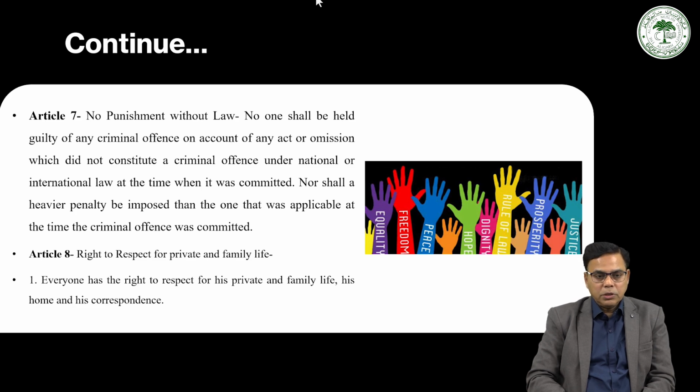And thirdly, which is very important to mention here, his home and his correspondence. So the home is a personal space, for example. Family life is a personal space. Similarly, you will find the correspondence. These days, because of hacking, or because of the internet, or any kind of communication that the people are maintaining, it can be hacked and that can be made public.